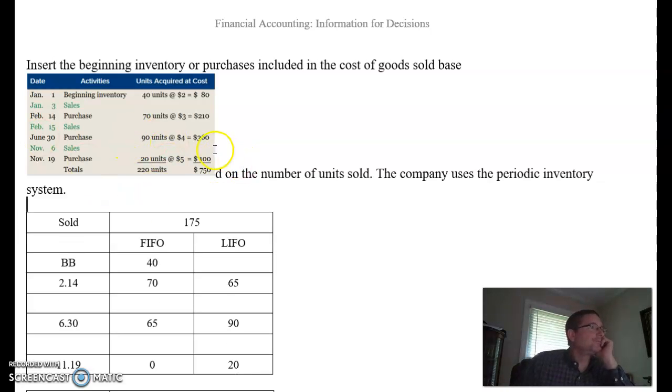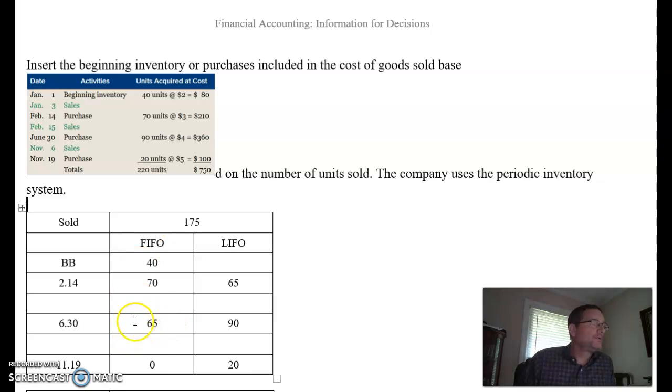All right, so we started out with 40 units. Then we bought 70 more, so that's 110. If we had just added the 90 to 110, we'd have 200, right? We didn't. We sold only 175.